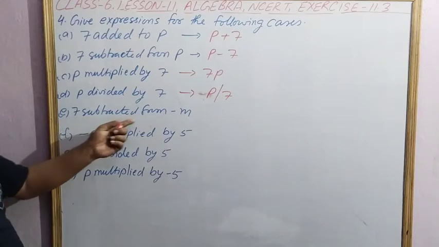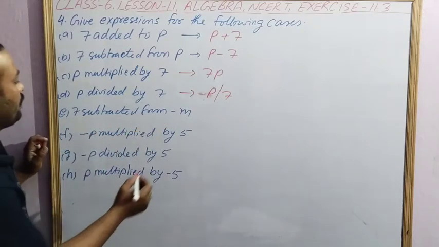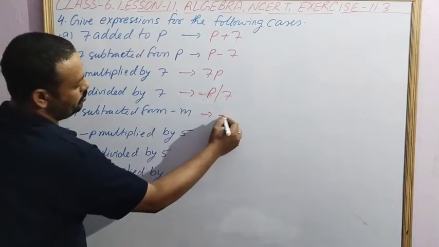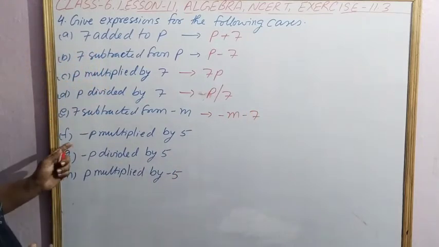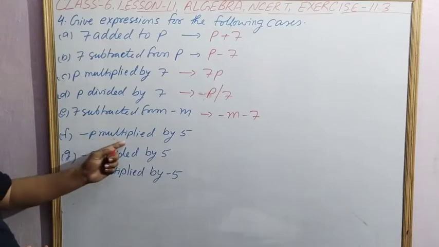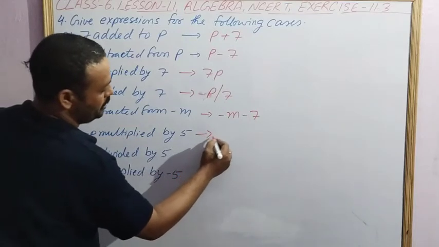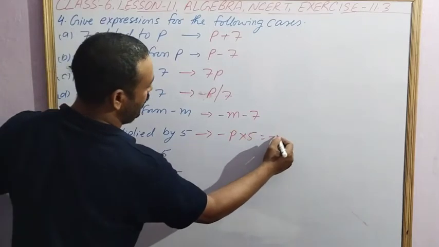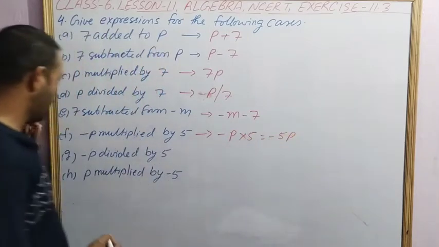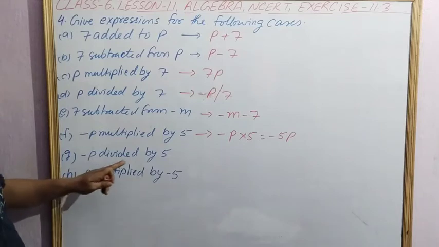E: 7 subtracted from minus 5. That means minus 5, and from this we have to subtract 7. F: minus P multiplied by 5 means minus 5P. Then G: minus P divided by 5.